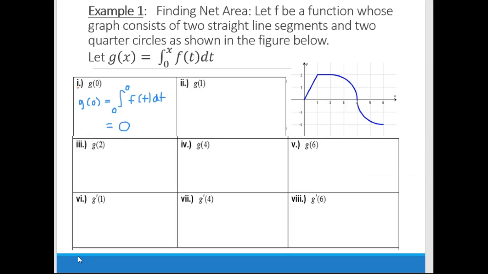G of 1 would be the integral from 0 to 1 of f of t dt. So f is the graph. 0 to 1 would be this area under the curve on that graph, which is represented by a triangle. So g of 1 would be equal to 1/2 base times height, which is 1/2.